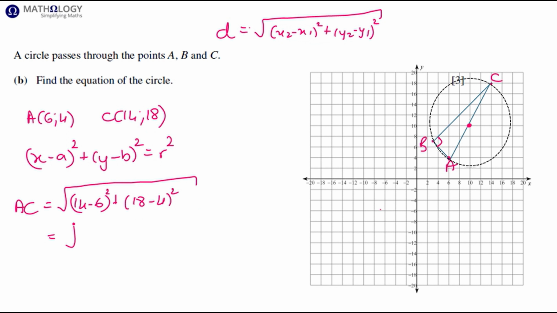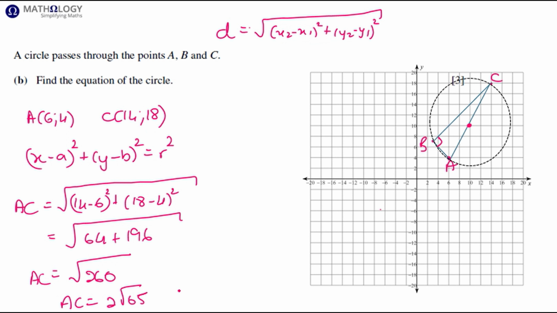So AC is the square root of 14 minus 6 is 8, 8 squared is 64, 18 minus 4 is 14, 14 squared is 196. So AC is the square root of 260. So AC in simplest form is 2 root 65. Therefore, the radius is half of that, so half of 2 root 65 is just going to be root 65.